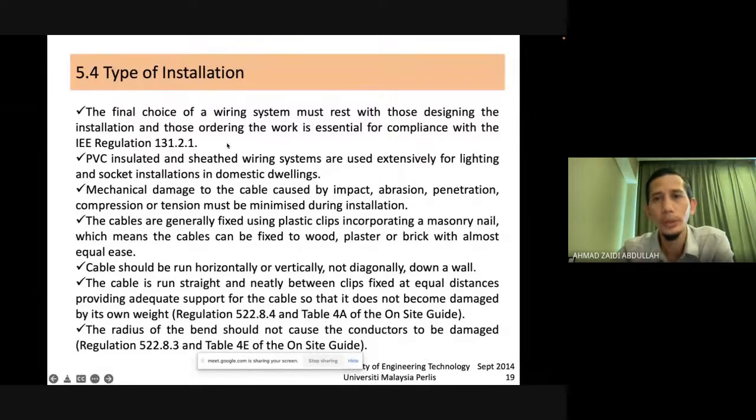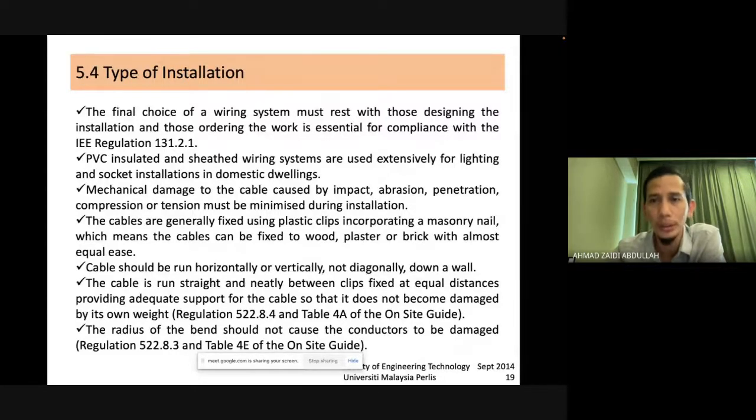Okay, whatever it is, we must comply with the IEE regulation 131-.2.1. It also says PVC insulated and sheathed wiring systems are used extensively for lighting and sockets in domestic dwellings. So normally we just use PVC for normal wiring, which is for lighting and sockets in your project.